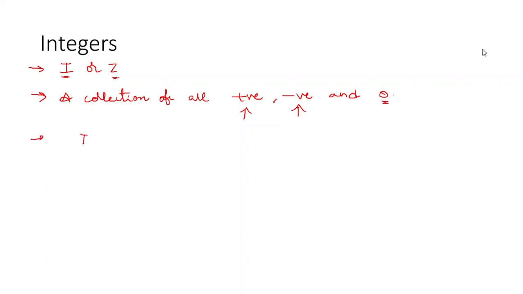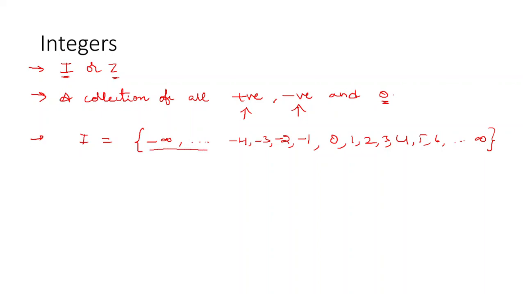So we can write this integer set as minus infinity, ..., minus 4, minus 3, minus 2, minus 1, 0, 1, 2, 3, 4, 5, 6 and so on. So the integer set consists of all the numbers that are negative, that are positive, and 0.